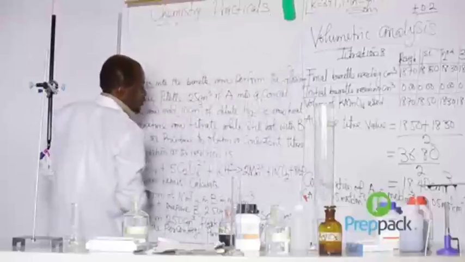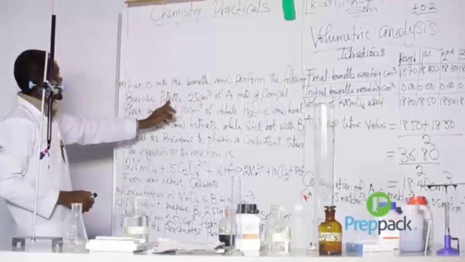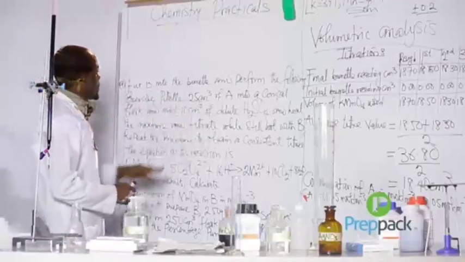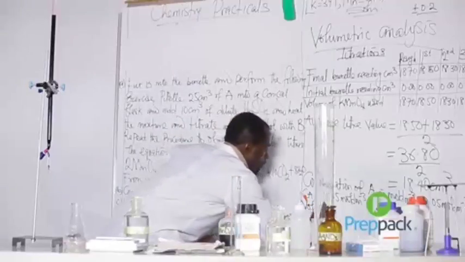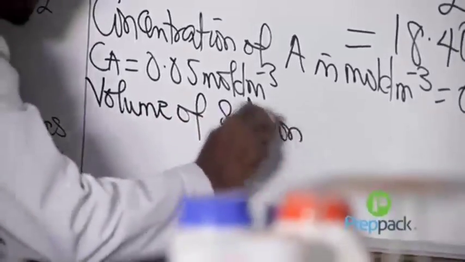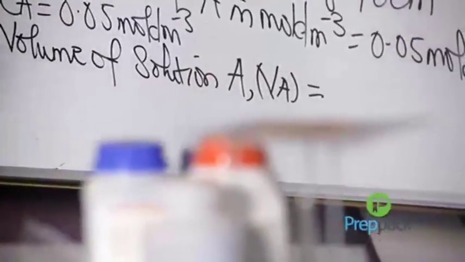Pipette 25 cm cube of A. So the volume of solution A, which is our VA, equal to 25.00 cm cube.